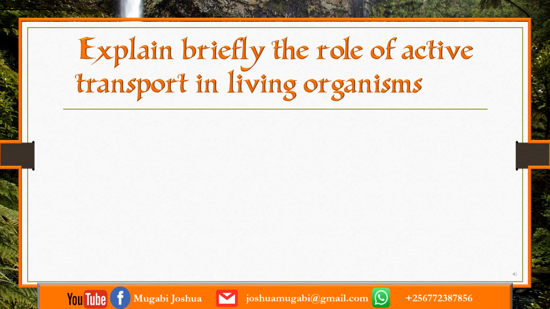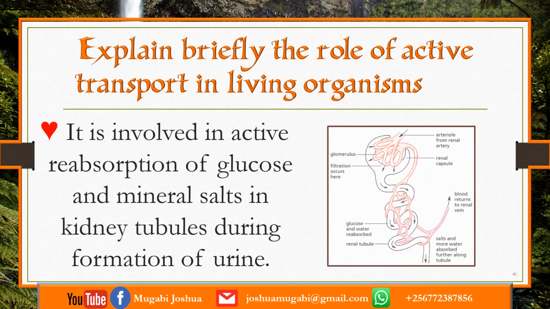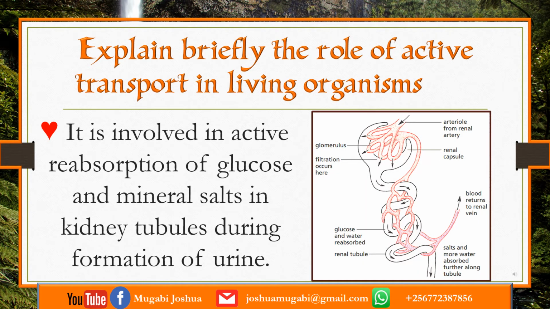Explain briefly the role of active transport in living organisms. Active transport is involved in the active reabsorption of glucose and amino salts in the kidney tubuli during the formation of urine.